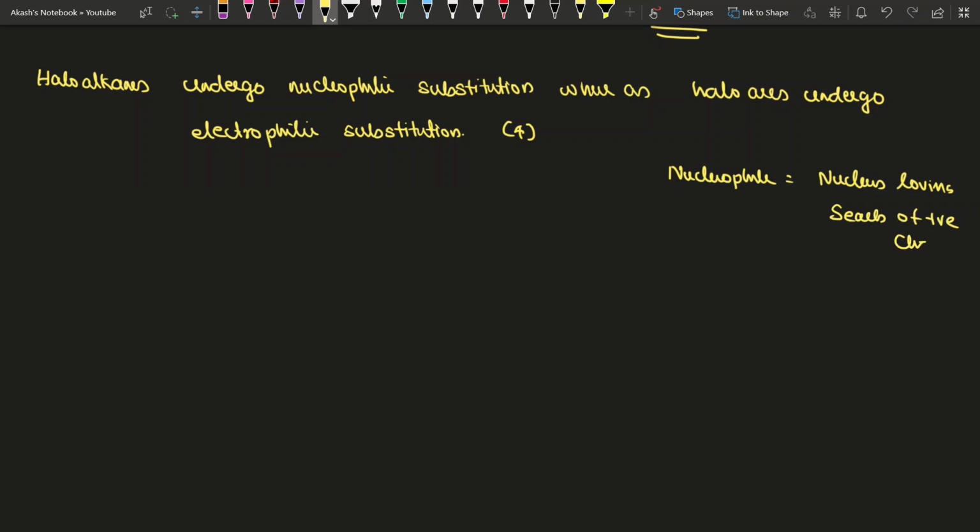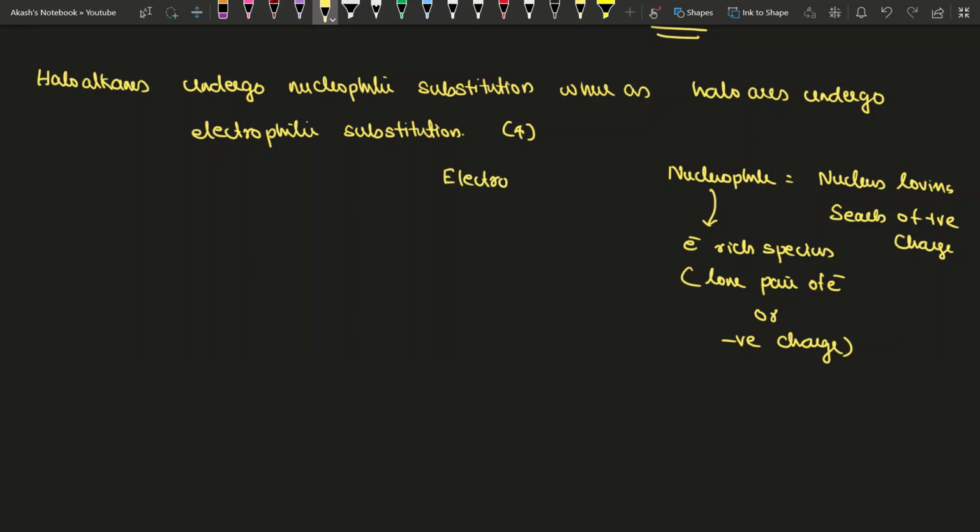If something is in search of positive charge, the nucleophile can be considered an electron rich species. Electron rich means it may have a lone pair of electrons, or it will have a negative charge. In the same way, an electrophile is basically electron loving.